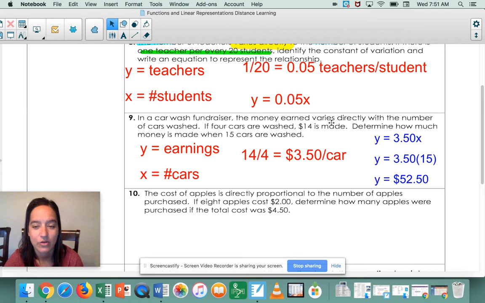Oh, I gave you the whole answer. Nah, that's fine. Then it says, determine how much money is made when 15 cars are washed. Well, I created my equation, y equals 3.50x. And then I plugged in 15 cars into the situation, remembering that cars was my x. So I plugged it into my x. And I got out $52.50 would be made.